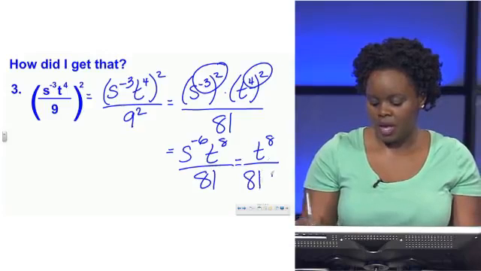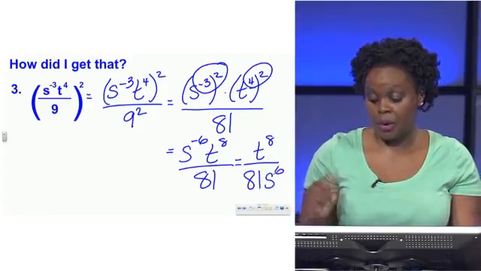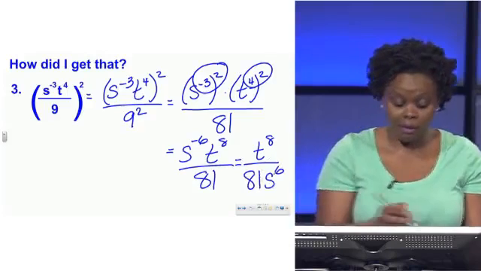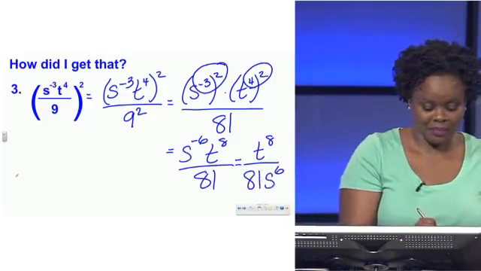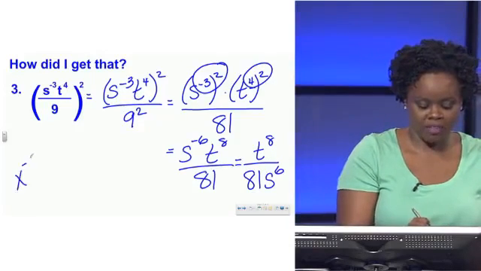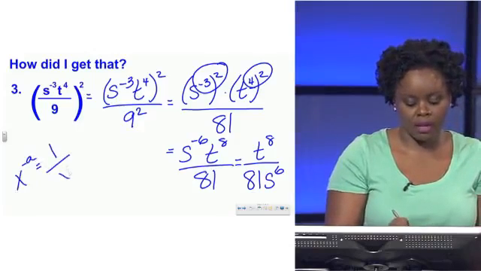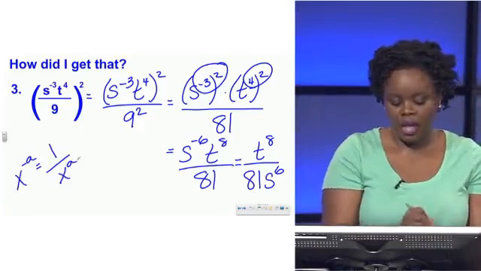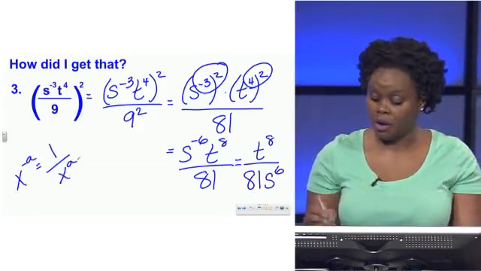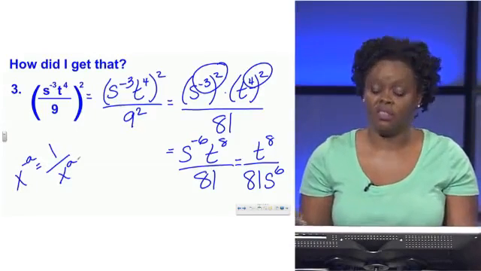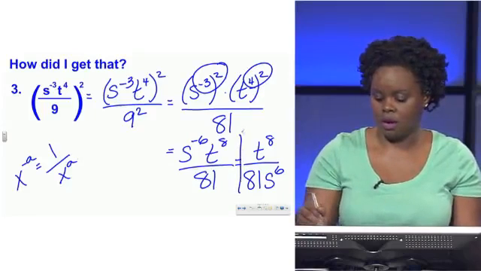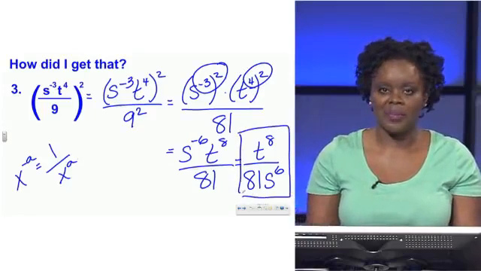I'm going to drop that s to the bottom and make that exponent positive. Because remember, the rule tells us if I'm raising something to a negative power, it means the same thing as 1 over that to a positive power. So you can follow that pattern and know you need to change its position in the fraction. All right. And we were all done there.